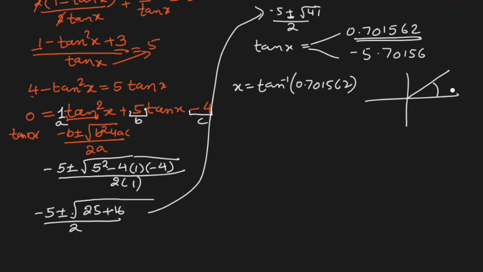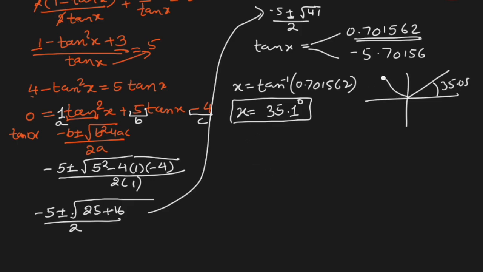And what angle I'm getting here is 35.05. So we can round it off to 3 significant figures. It becomes 35.1 degrees to 1 decimal place. This is the first answer. Because tan is positive here also, but our domain is not in this region. That's why we will not look for that one.